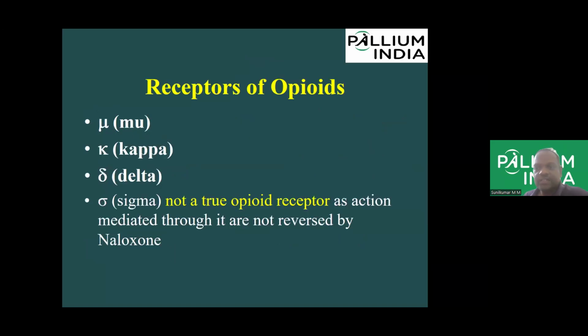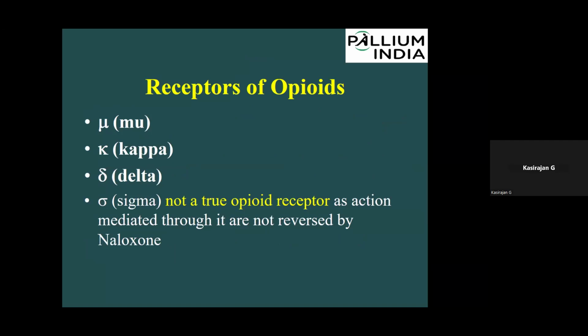Okay. So what are the receptors of opioid? Opioids act on opioid receptors and produce physiological effects, which include pain relief, respiratory depression, constipation, nausea, vomiting, itching. There are many physiological effects. So mu, kappa, and delta are the three main opioid receptors present in our body.